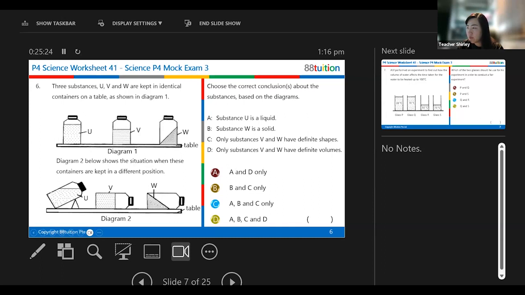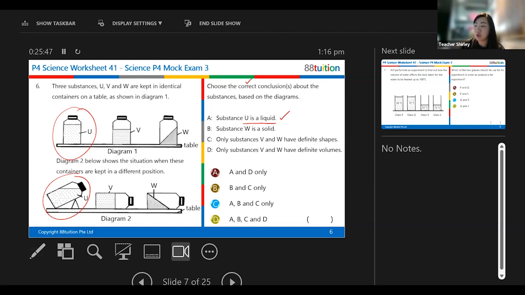So can we then conclude that U is a liquid? Yes or no? See, when we tilt U like that, it actually becomes like that. So is U a liquid? Yes? Okay, so this is correct.